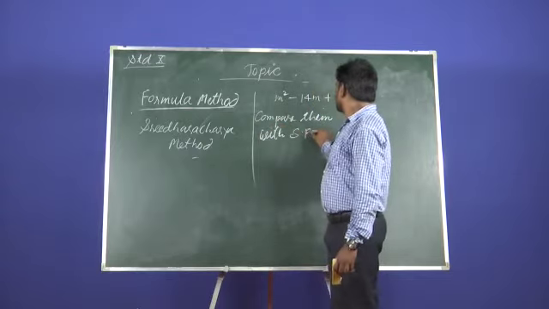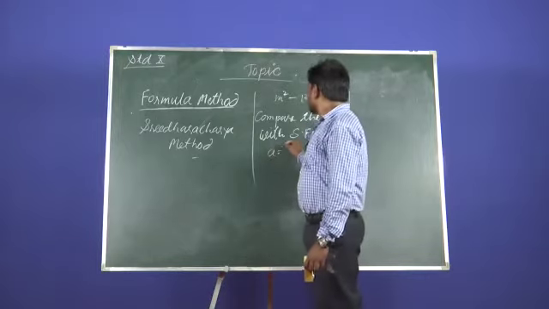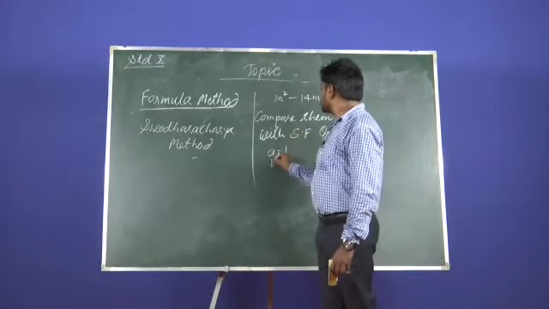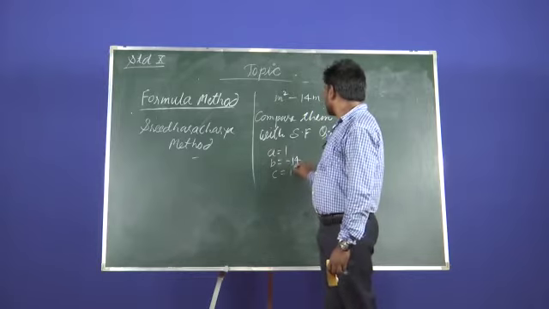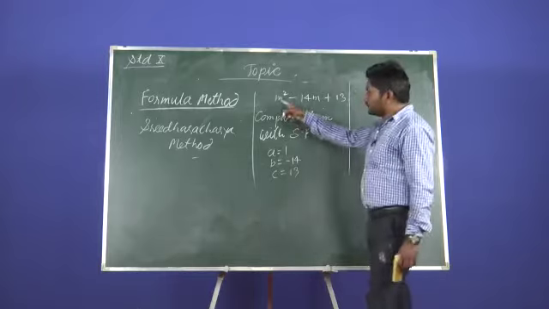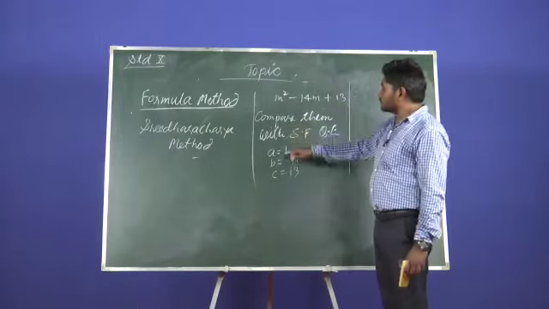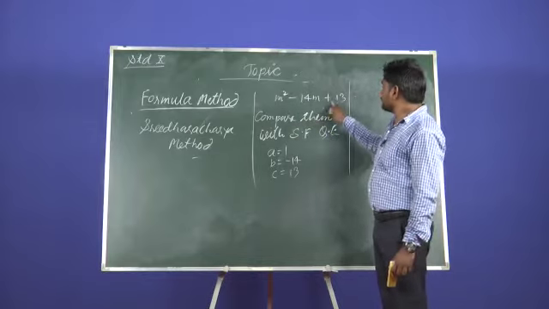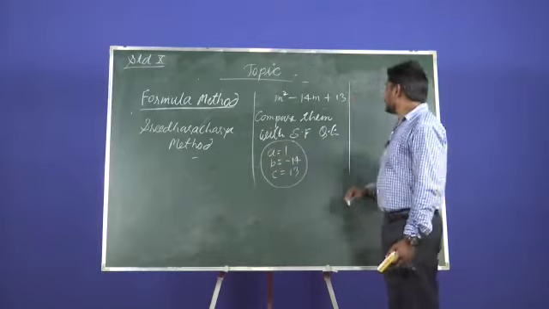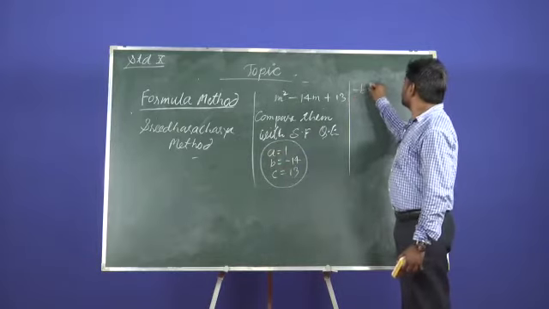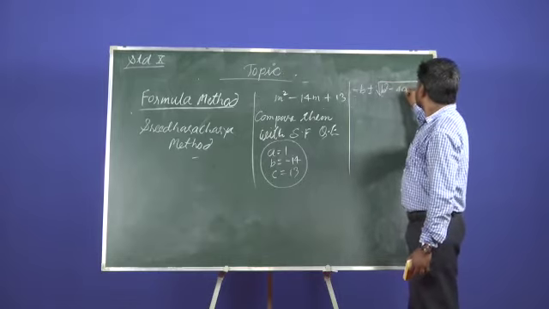We know that a equals 1, b equals minus 14 and c equals 13. Now put these values in the standard formula, which is minus b plus or minus root of b square minus 4ac, upon 2a.